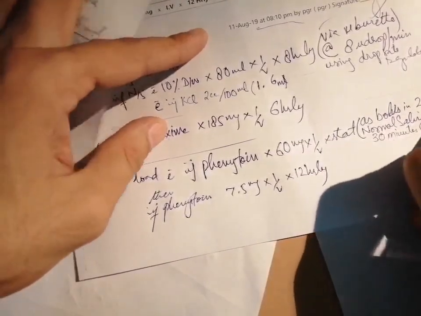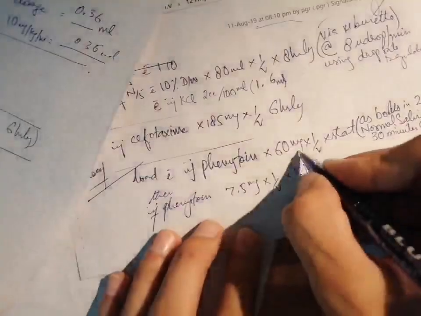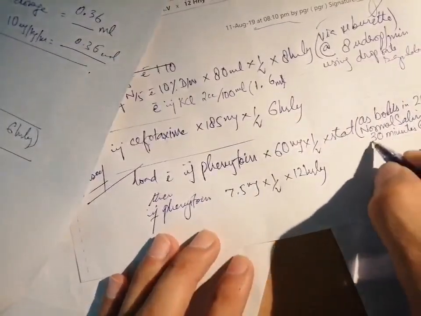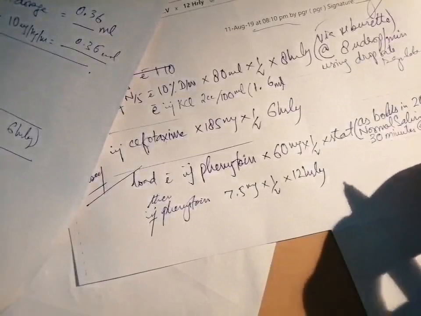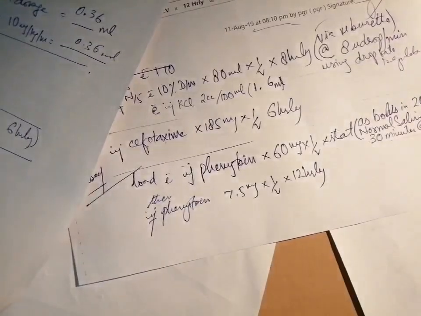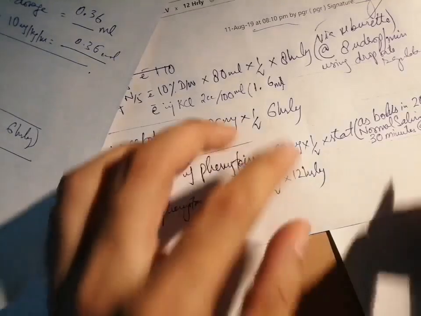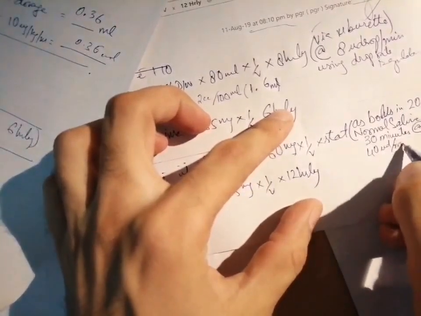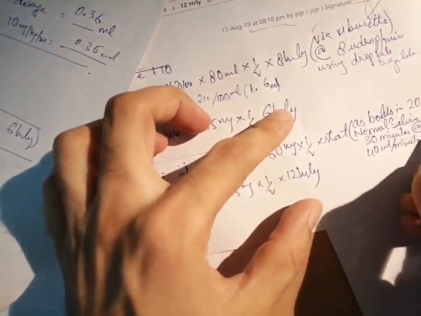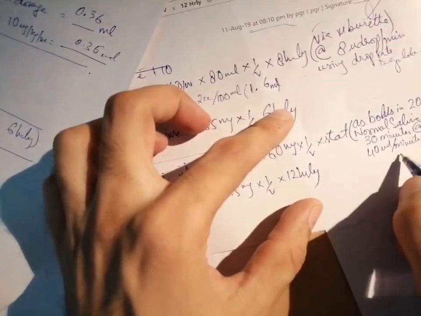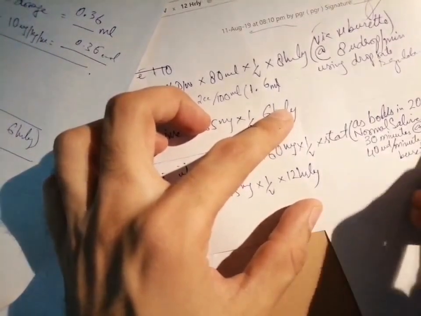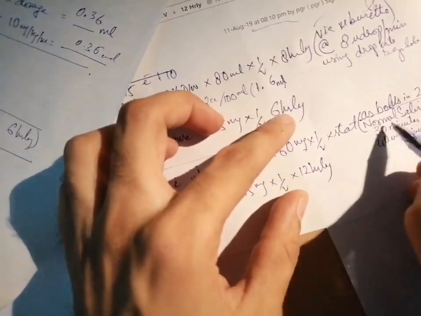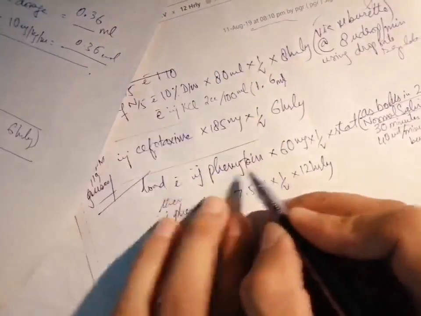At how much? 20 ml over 30 minutes, which is 0.5 hours. Let me calculate ml over hours, at 40 microdrops per minute via burette. These are the orders to give this loading dose of phenytoin.